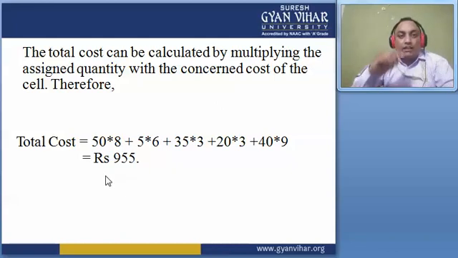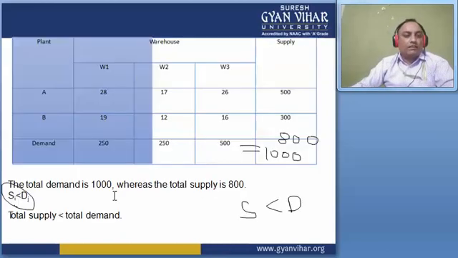The total cost can be calculated by multiplying the assigned quantity with the concerned cost of the cell. Therefore the total cost is 955. Then move to the next.